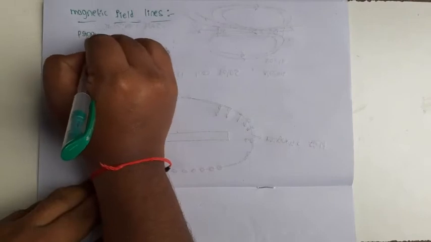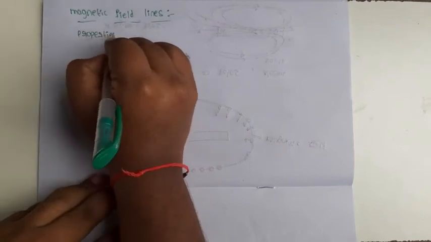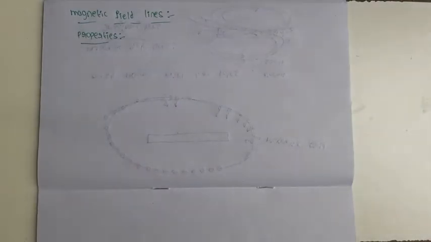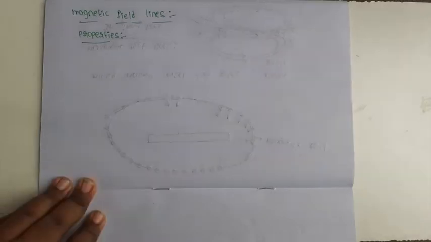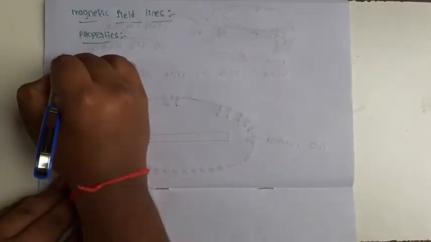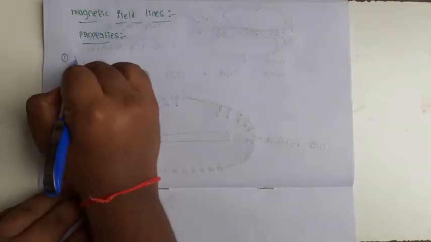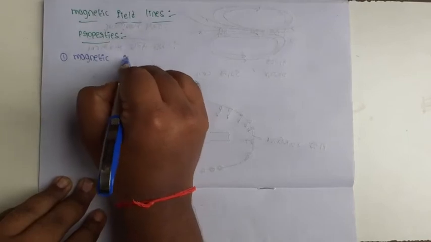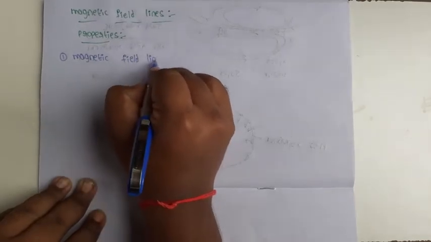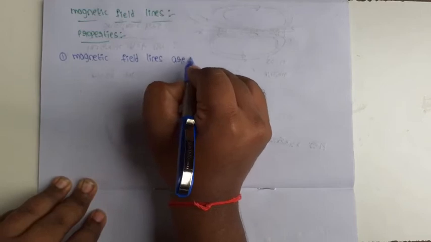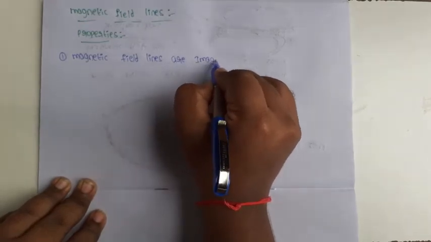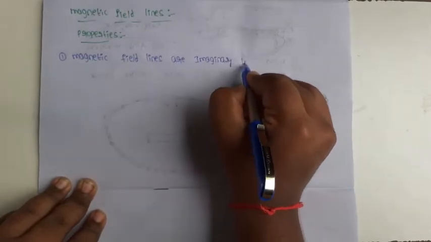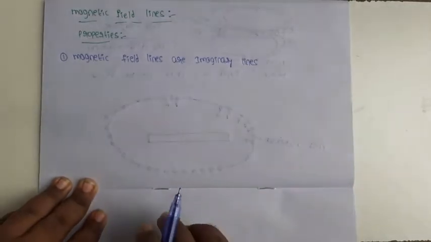What are the properties of magnetic field lines? The first property, as we already discussed, is that magnetic field lines are imaginary lines.